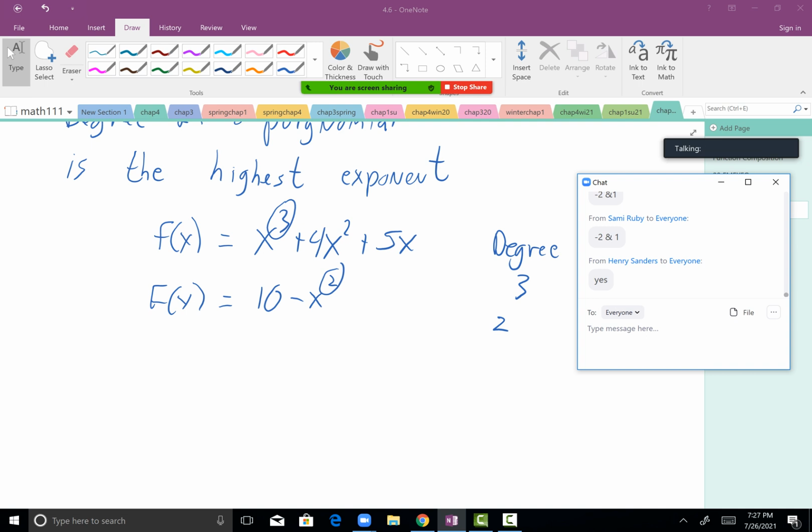Yes. Good. Where's it coming from? How do we know it's negative 2 and 1? Okay. You guys are saying sure, but how do I know? Tell us how you know. And chat it to everybody or say it. How do we know?